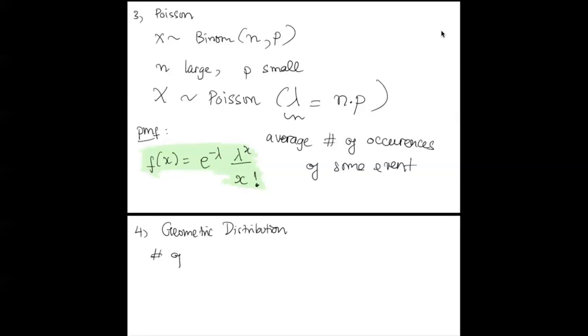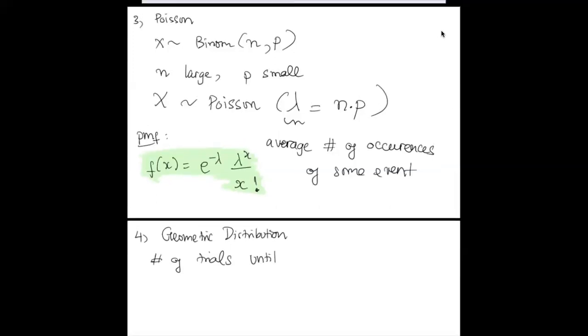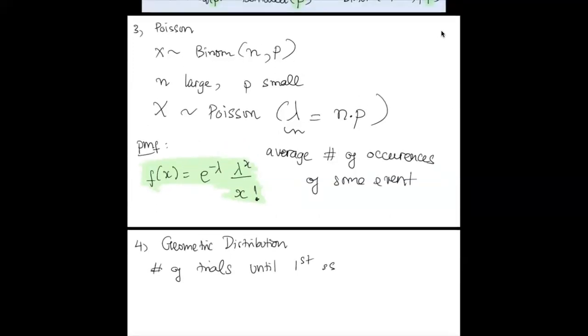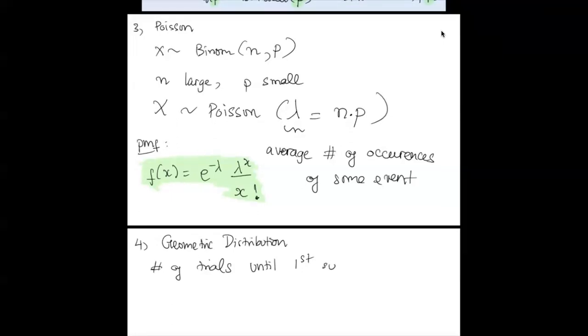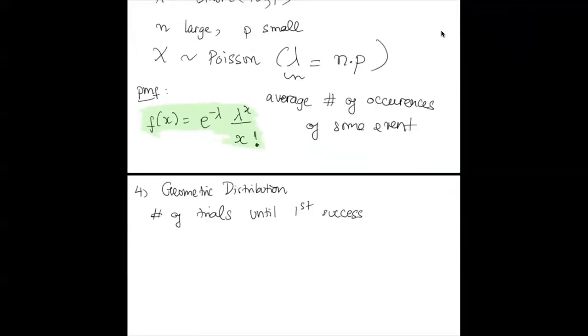So the number of trials we have to do until we get the first success follows a geometric distribution with parameter p, which means that the probability of success in each trial is p, then the number of trials we have to do until we get the first success will follow a geometric distribution.